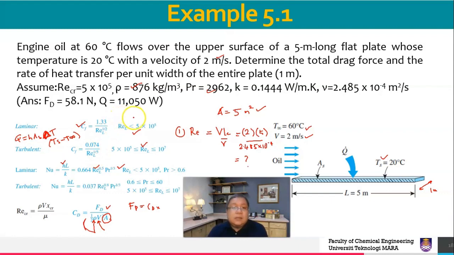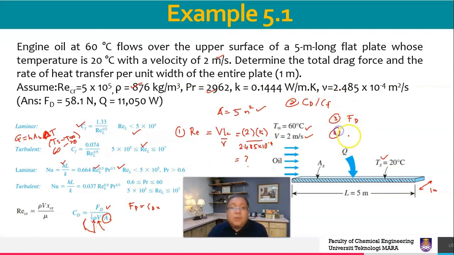60 minus 20. So number 2 here, you have to determine CD or CF based on Reynolds number. Number 3, FD, based on the formula.